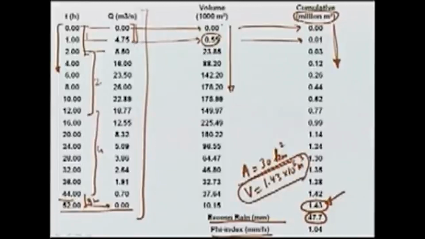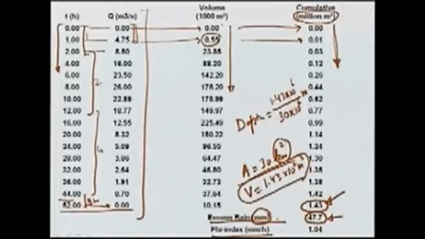And therefore, we can convert into a depth. Depth would be 1.43 times 10 to the power 6 divided by 30 kilometer square, we can convert into meter square. So many meters, and this turns out to be 47.7 millimeters.